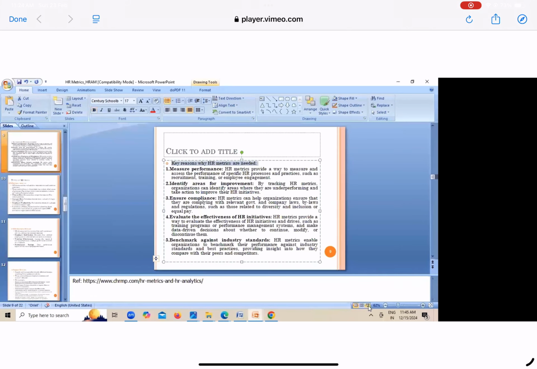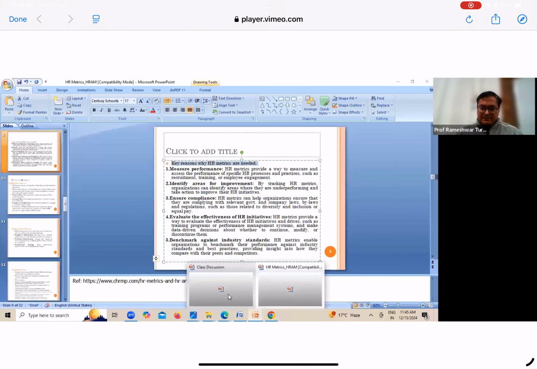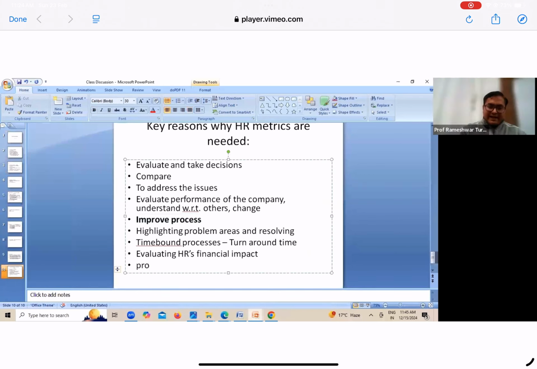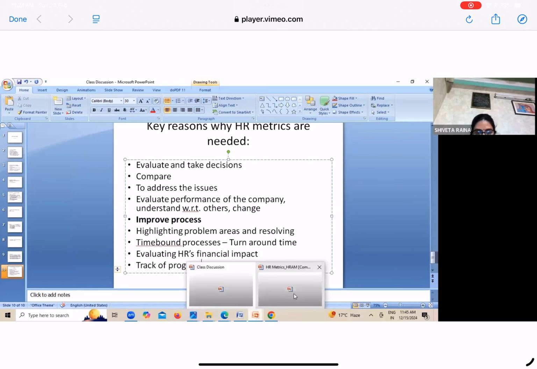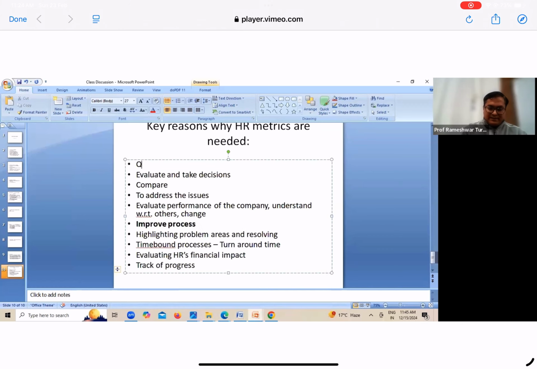It also helps in seeing the progress compared to previous years, and may be required to present to management, to keep track of progress and take corrective actions. Also, to quantify the HR practices and interventions that have been taken. That is the fundamental first thing: quantification.